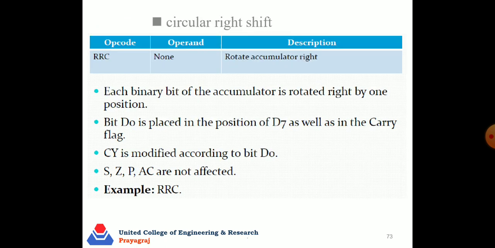Similarly RRC means rotate accumulator right without carry. Each binary bit of the accumulator is rotated right by one position. Bit D0 is shifted to D7 as well as into the carry flag, and D7 shifted to D6, D6 to D5, D5 to D4, D4 to D3, D3 to D2, D2 to D1, and D1 to D0.